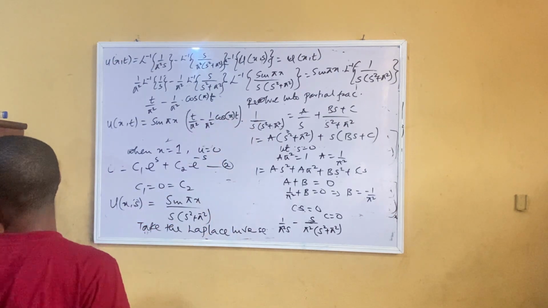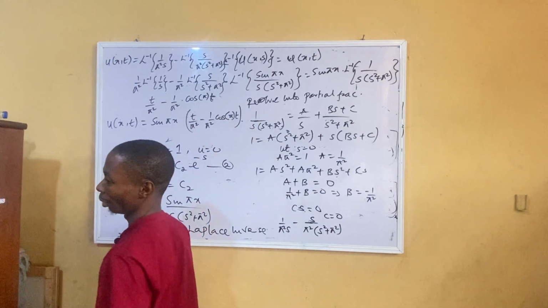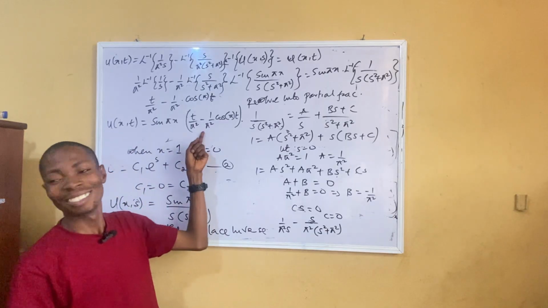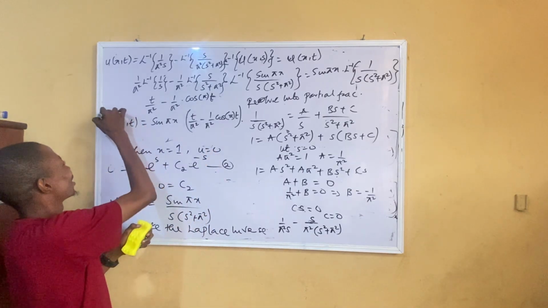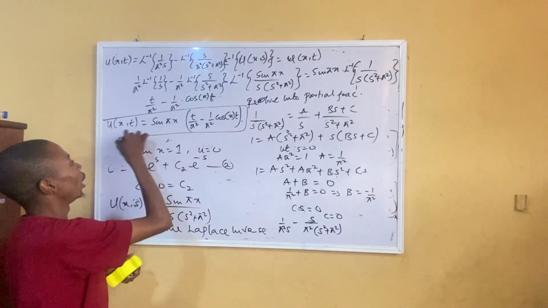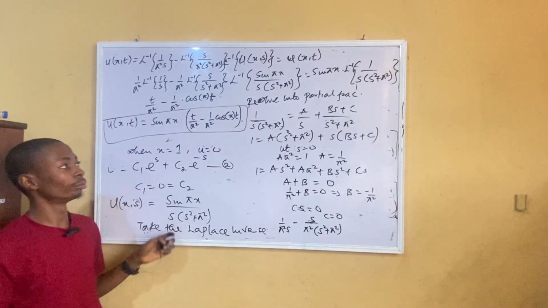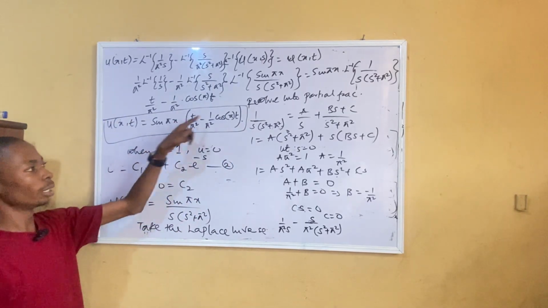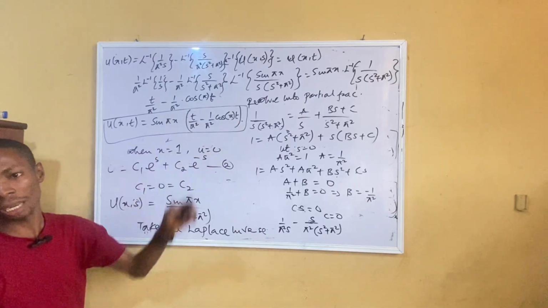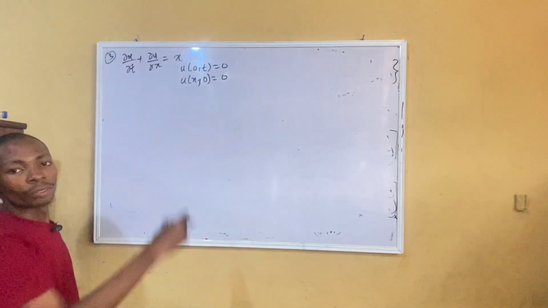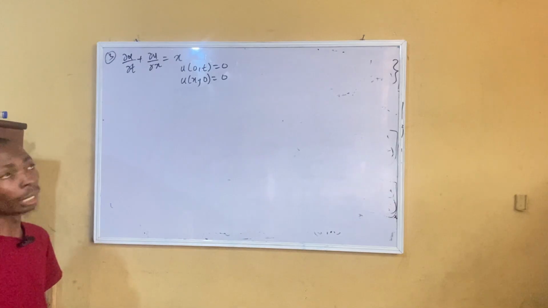So that is how our solution will be. This is the general solution of this wave equation. You see that this is space, this is time. So your solution must have both. So this is another example now.